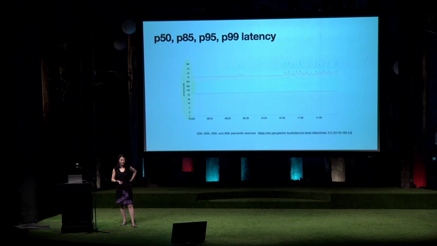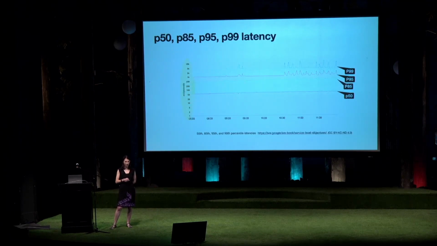So this is an example from the Google SRE book that is showing P50, P85, P95, P99 latencies. And the y-axis is logarithmic because it is covering a wide range of values from 1 millisecond up to 10 seconds. So what it's saying to us is that typically the requests are taking 50 milliseconds, which is pretty good. But it is also telling us that 5% of those requests are going to be 20 times slower.